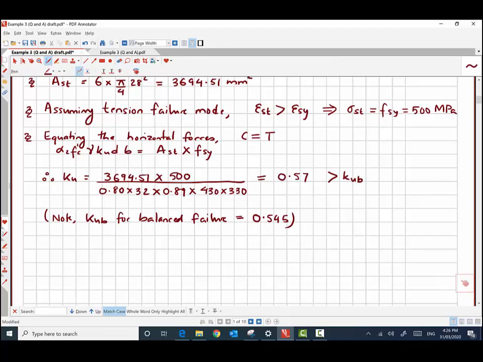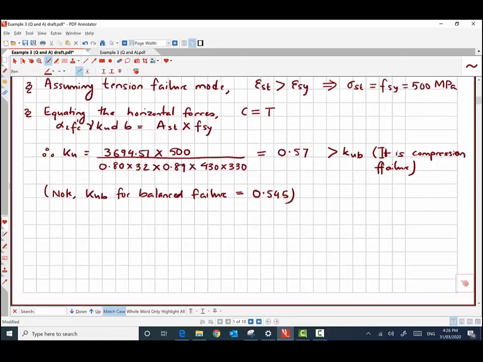That means it is compression failure. We can see right from there as well, but we will proceed to find out the actual strain in the steel and see how it comes out.